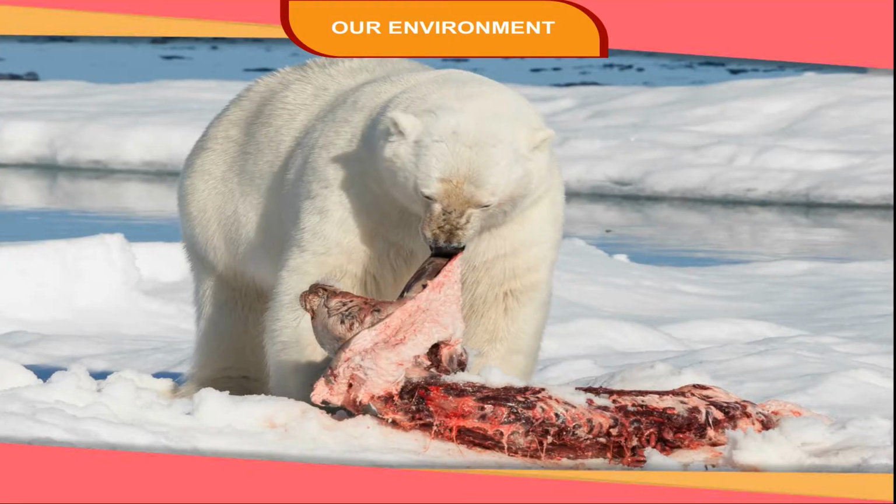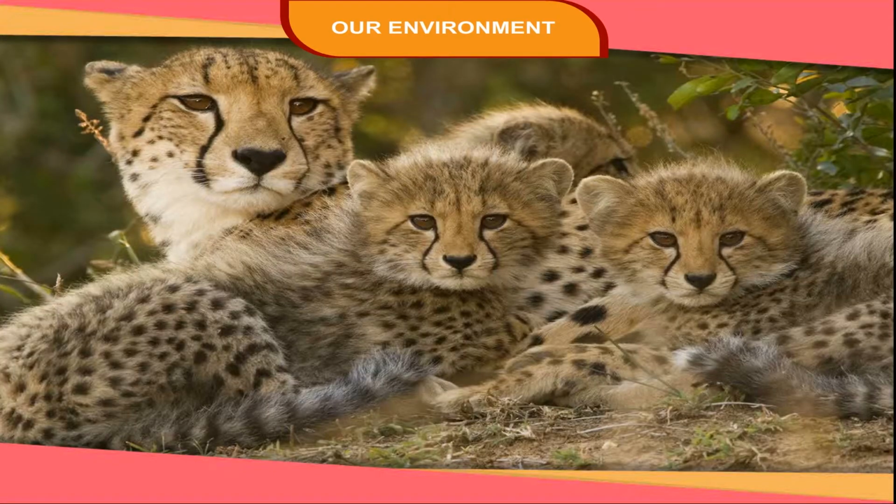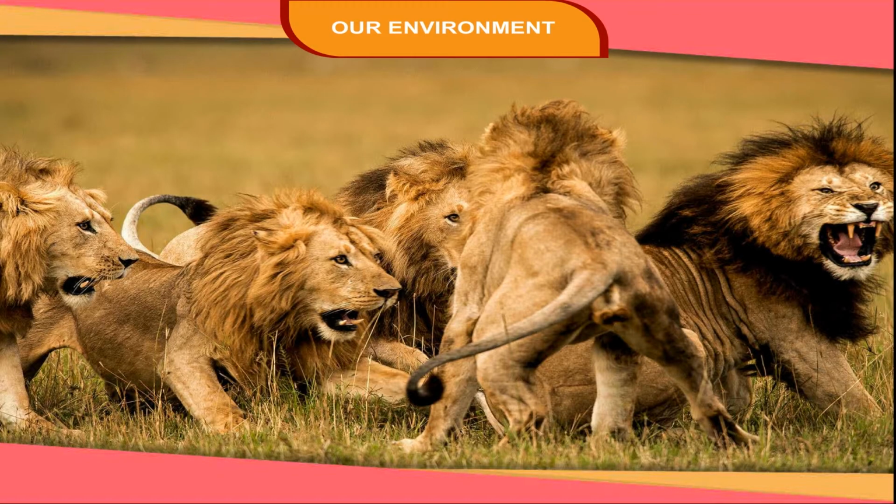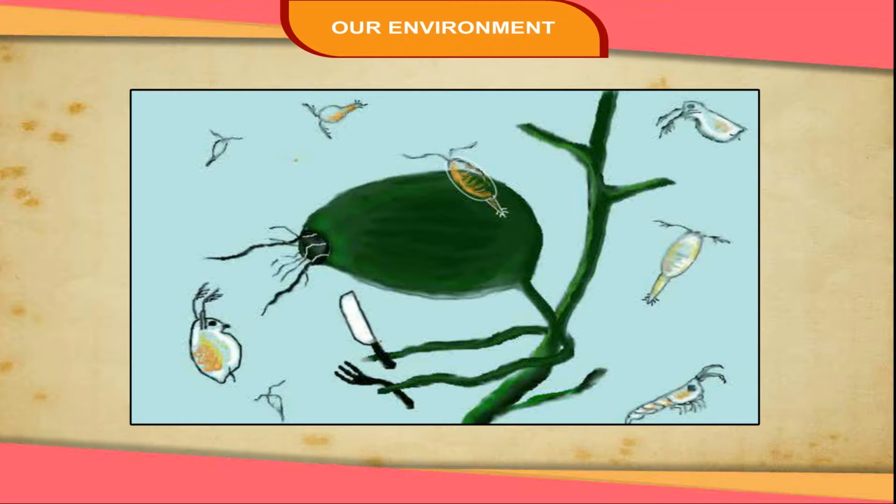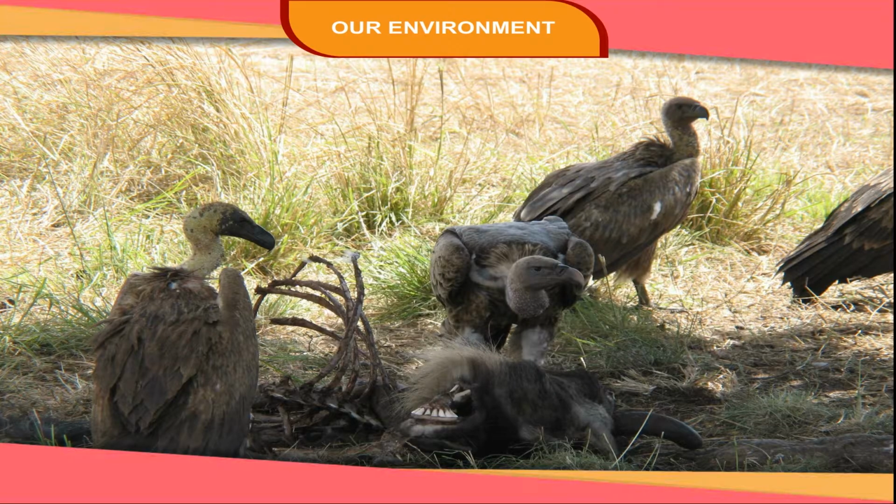The carnivorous are the meat eaters like tigers, lions, etc. Omnivorous are those which are both plant as well as flesh eaters. For example, human beings. Another category is decomposers, which feed on dead bodies of plant and animals.